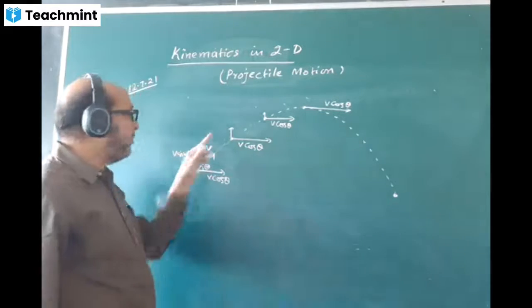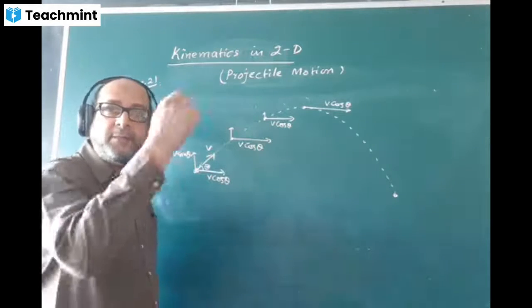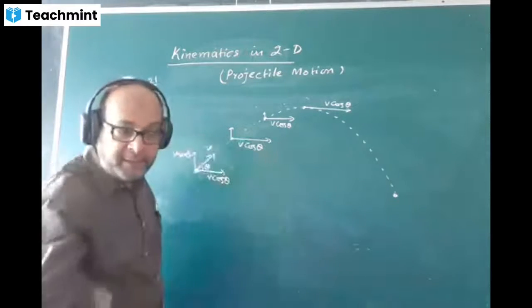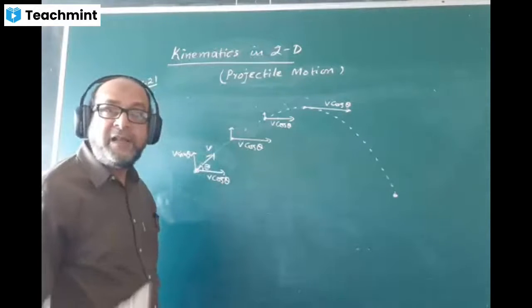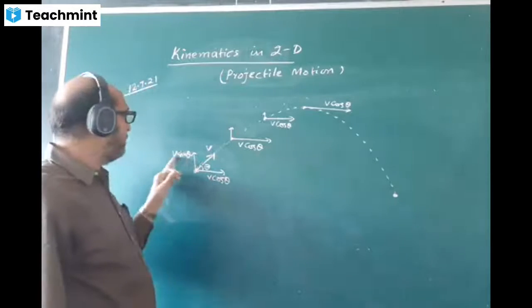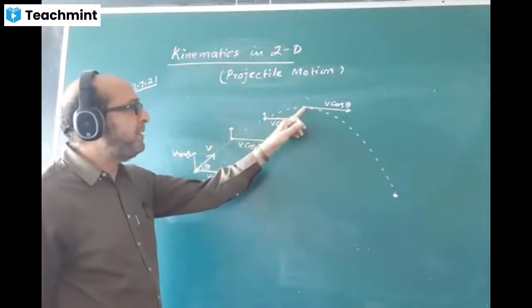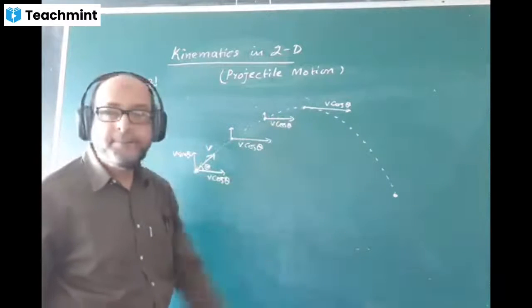When the body reaches maximum height, it stops for a while and then returns back. The final velocity becomes 0. Initial velocity is v sin theta. It keeps on decreasing, becomes 0 here, and then it returns back.